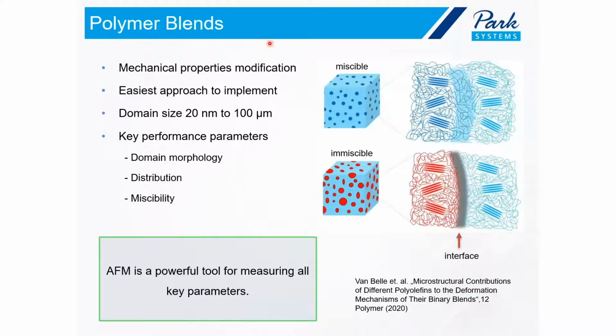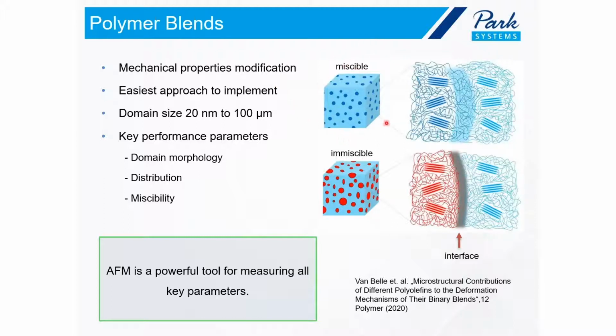Moving on to polymer blends, they are slightly different from composites because in composites the added particles are often not polymers. They are ceramics in most cases, but one can also blend a polymer with another polymer. This is done basically to improve mechanical properties, but the problem is not all polymers are mutually miscible.